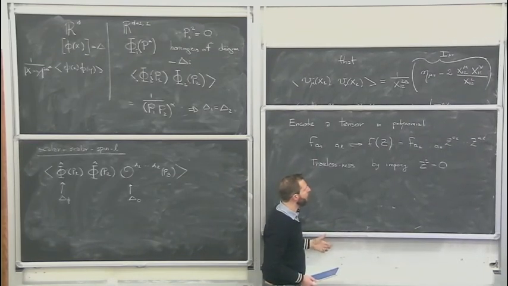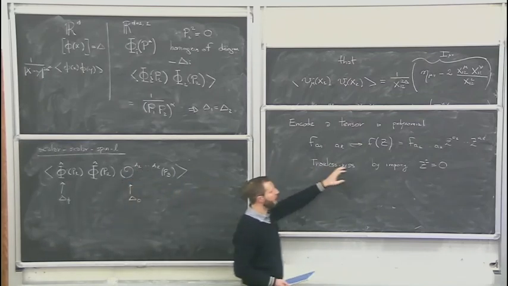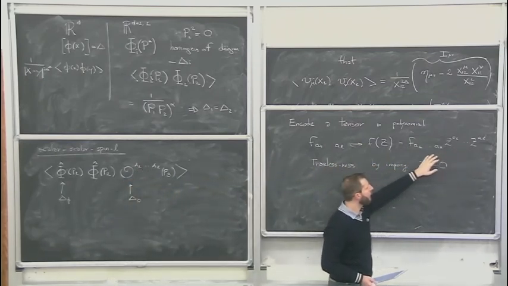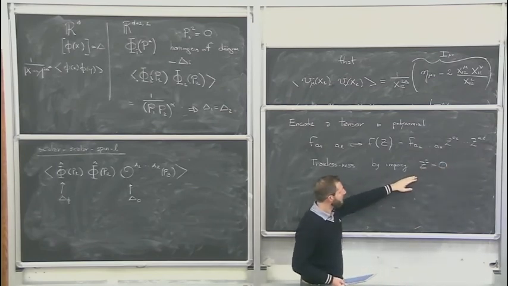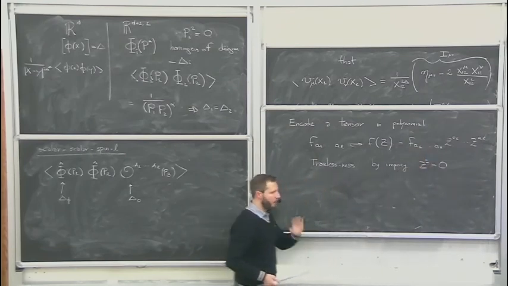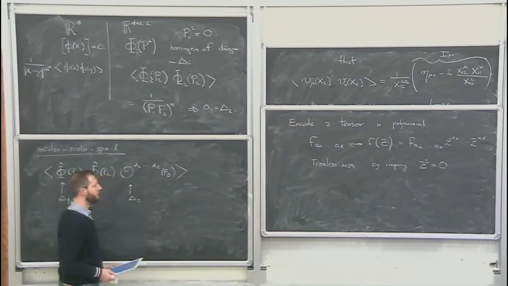So instead of working with open indices, I can contract all the indices with a polarization, and in particular, I can choose a polarization that squares to 0, such that I implicitly take into account symmetry and the tracelessness condition.